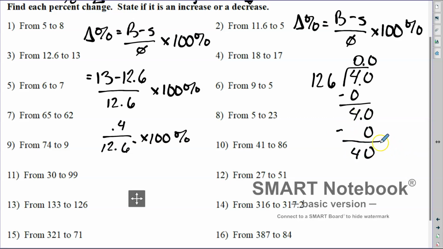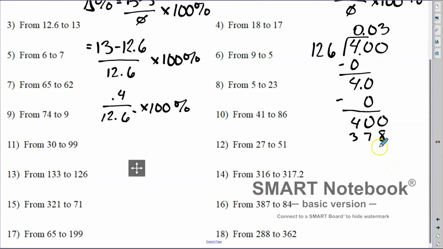Now we need more digits, so let's go ahead and include that there. So how many times does 126 go into 400? At least 3. And 3 times 126, that's 18. Carry the 1, 6 is 7, and then 3. So that's a 2 and that's a 2. Whoops.